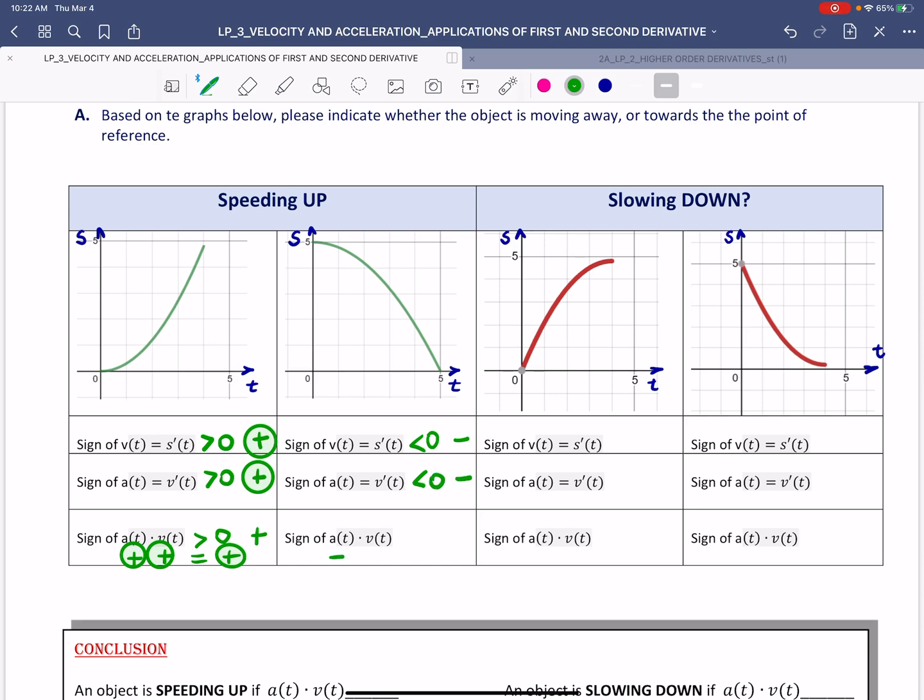So the product of velocity and acceleration is the product of two negatives, and the product of two negatives is a positive number. So a times v is positive.